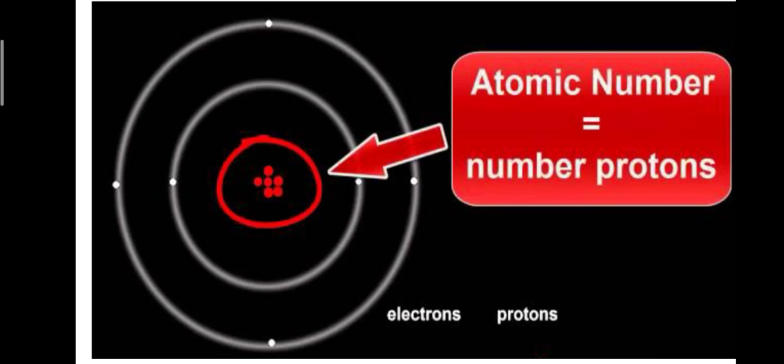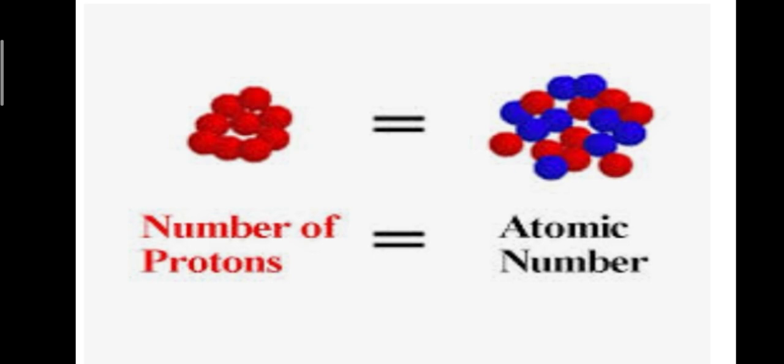Now, the number of protons is also equal to the number of electrons. As you know, the number of electrons and the number of protons are always equal, as the positive charge and negative charge are equal, so the atom is electrically neutral.